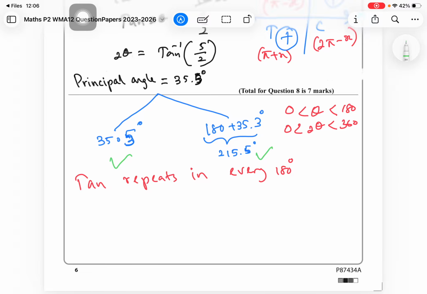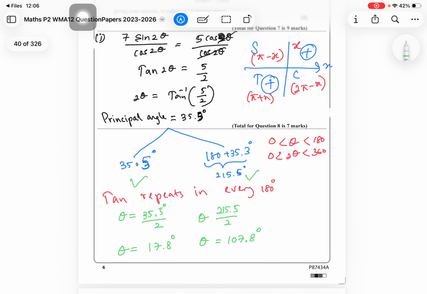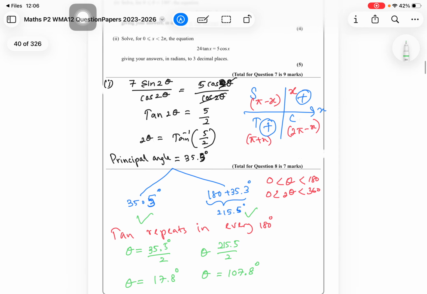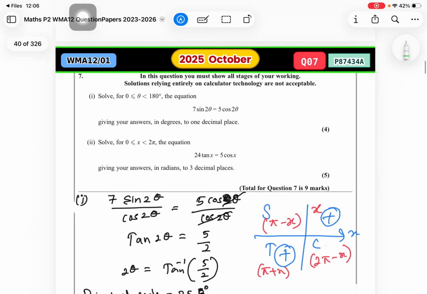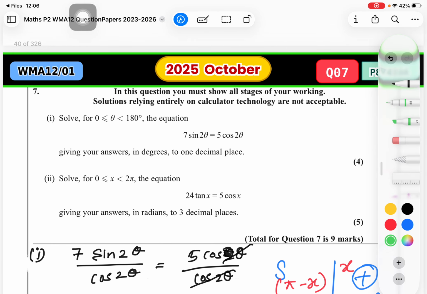Since 2 theta is this, theta will be half of this: 35.3 divided by 2 and 215.3 divided by 2. So theta here is 17.8 degrees, and here theta is 107.8 degrees. These are the two answers for the first part.